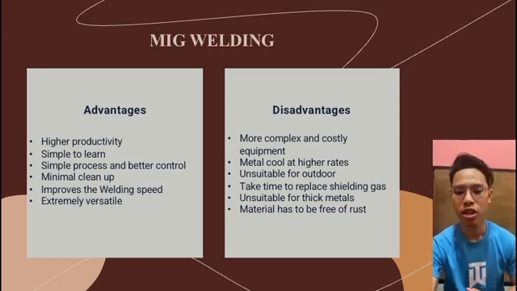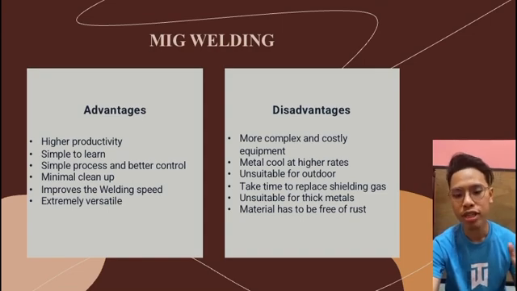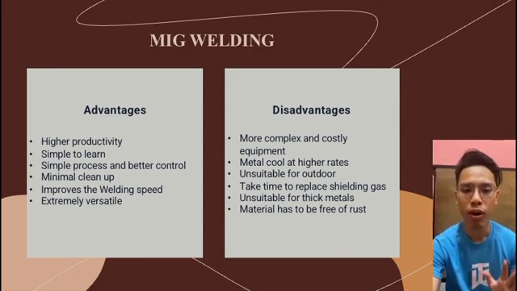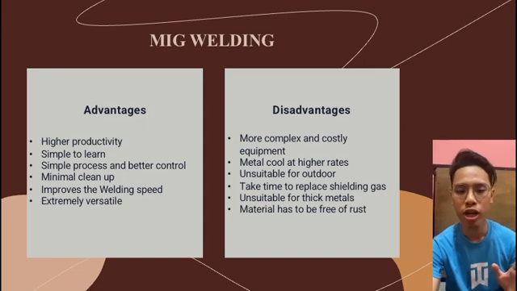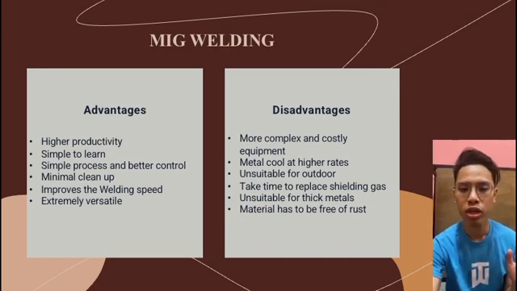For the disadvantages of MIG welding, first, the welding equipment is more complex and costly. Mainly the cost of the equipment is higher than TIG welding, so it is more expensive. Second, the welded metal will cool at a higher rate since it is not covered by slag, so it takes more time to cool down than other welding. Third, it is unsuitable for outdoor welding.